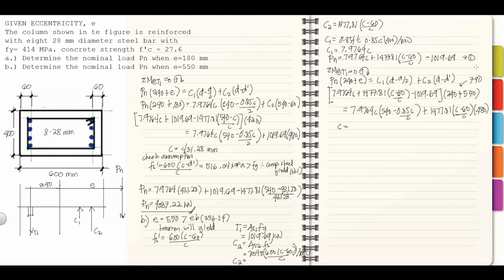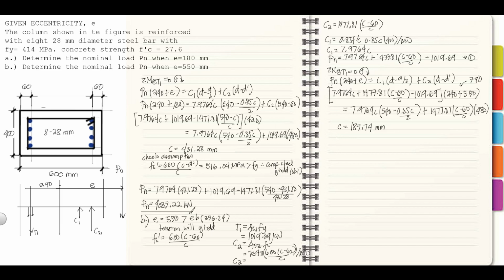So you solve, so we'll get the C here, which is equal to 187.73 or 74. Okay? Yung nakuha ko dito, no? This is in millimeter. Okay?